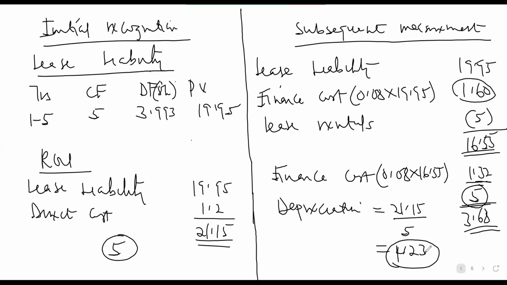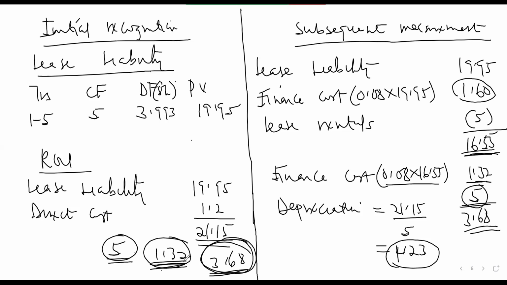The interest will be calculated on this particular balance before we subtract the 5 million. So of the 5 million that we are paying next year, the interest at the end of the year is 1.32, but 3.68 of it is the capital amount that we are paying.